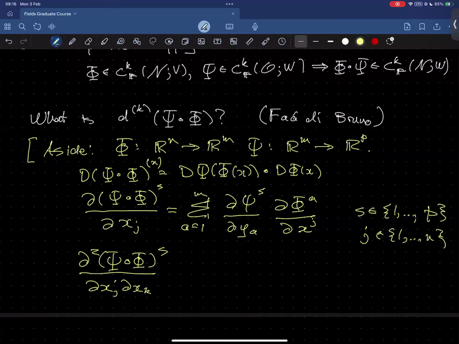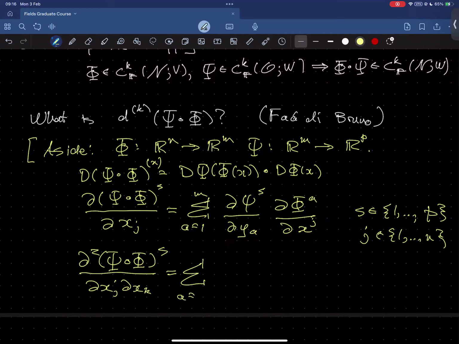If everything is sufficiently differentiable, say class C2, then it doesn't matter what order you take those derivatives. So now you just differentiate the right-hand side using the chain rule again and the product rule. Let's see how you would do that.